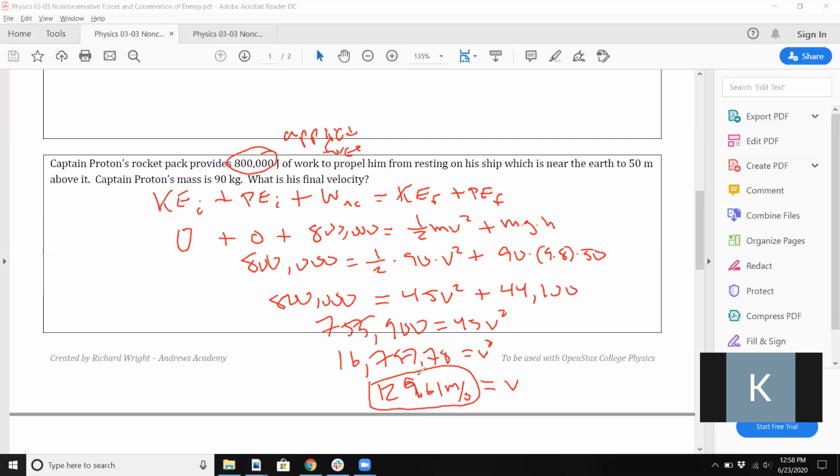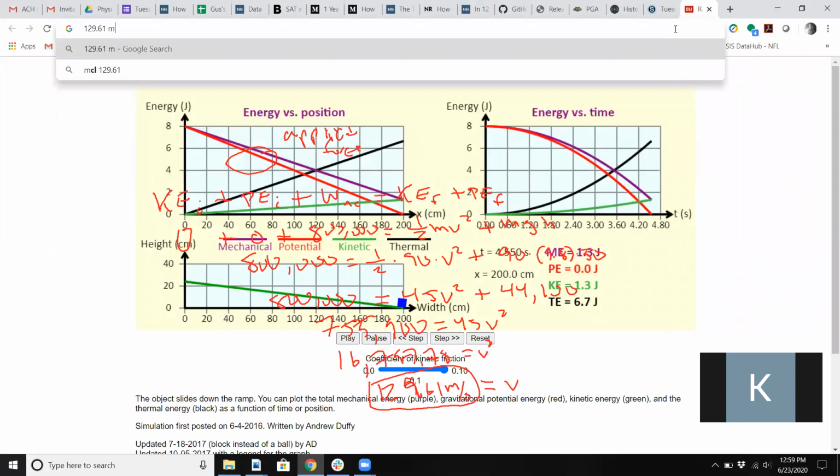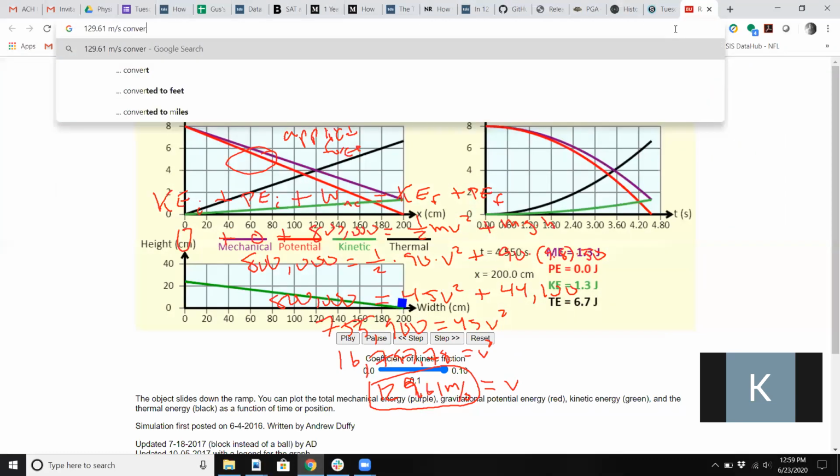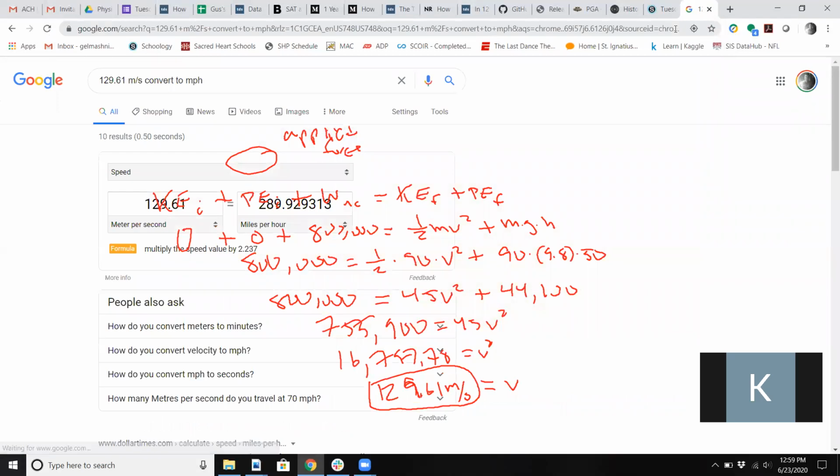If you watched that SpaceX thing that happened, I think a couple weeks ago, it was a joint effort from NASA and SpaceX. That rocket was going pretty darn fast. If you actually do a conversion, 129.61 meters per second converts to nearly 300 miles per hour.